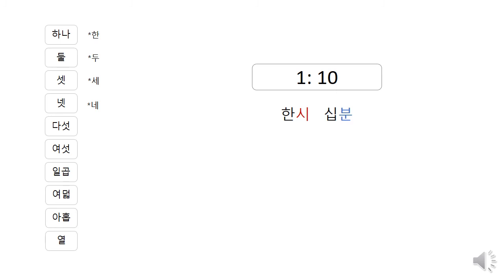Just like 1 hour, our number 1 is read 1 o'clock. 한시, not 일시. 한시, this is native Korean number. 10분, that's Sino numbers. So 시, the hour, is different.